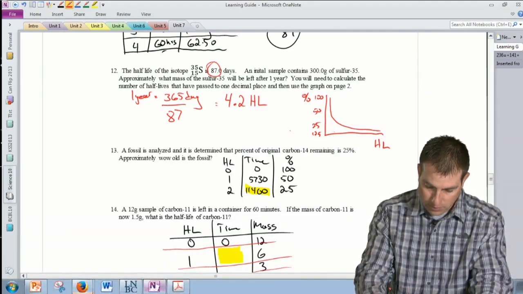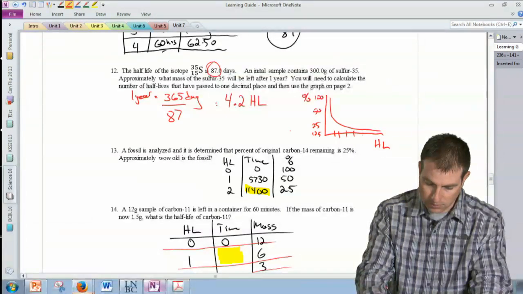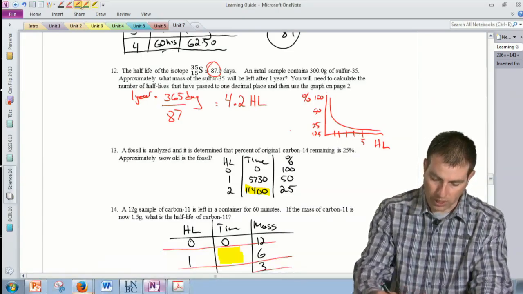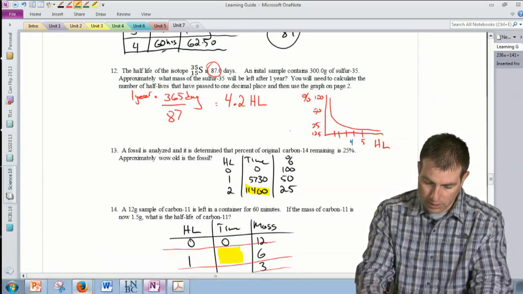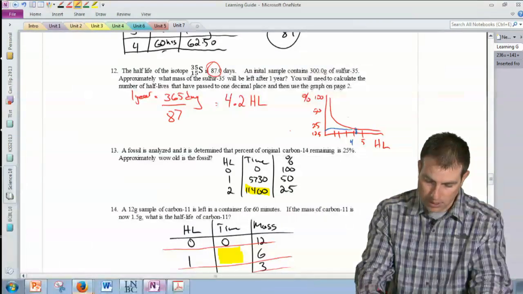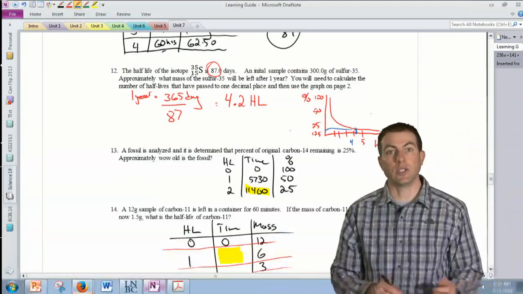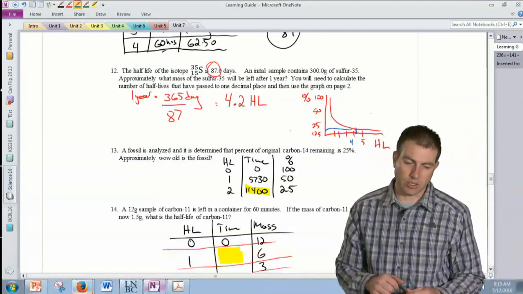We can say, okay, there's 1 half-life, there's 2 half-lives, there's 3 half-lives, there's 4 half-lives, there's 5 half-lives. And what we could do is say, okay, here's 4, here's 4.2 right here. I go up and then I go across, and then I see what I have in terms of a percentage, and then I could go from there.